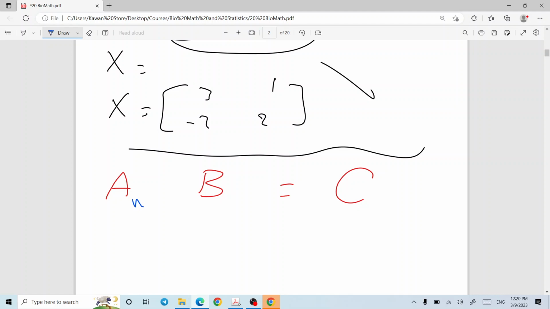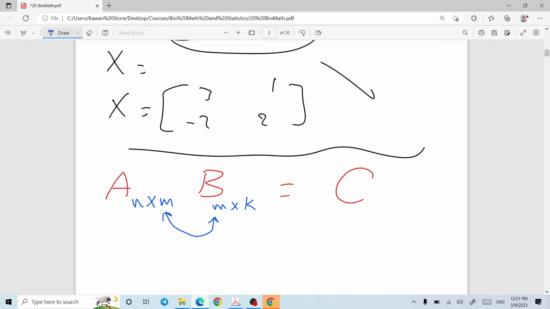Here we have n by m, meaning n rows, m columns. Now here should be m by something, say k. So what's necessary here? If you multiply two matrices, the columns of the first should be equal to the rows of the second.